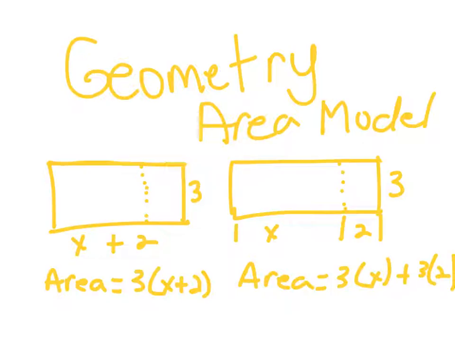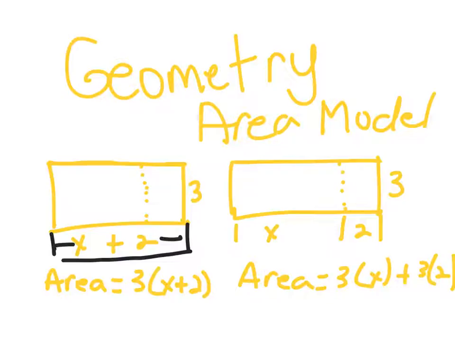We know that area is length times width. The width is 3 here, and the length is x plus 2 to go all the way across. This whole thing is x plus 2.